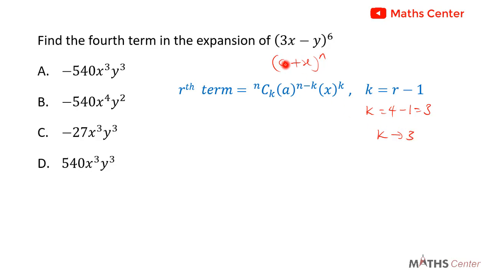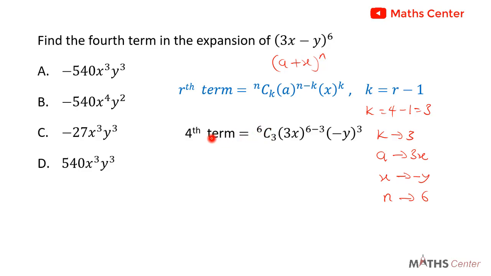When we compare a plus x exponent n to 3x minus y exponent 6, we can see that a, which is the first term, will be 3x. Then x, which is the second term, will be negative y. Then n, which is the exponent on the binomial expression, is 6.